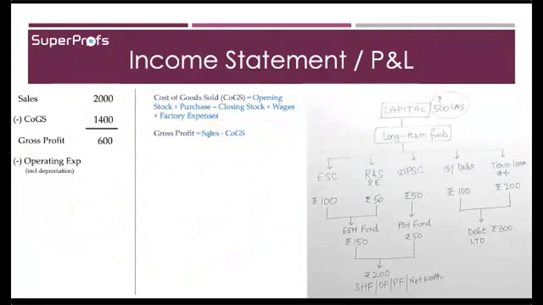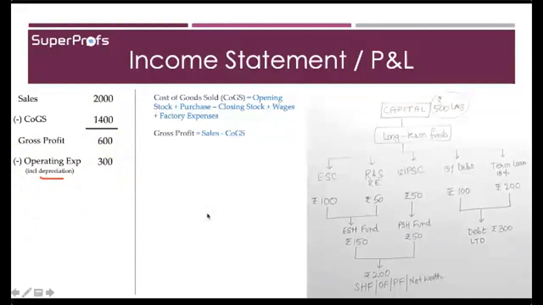Perfect. Now, as I said, operating expenses. What you need to deduct from this gross profit is the operating expenses, and these include depreciation. For the sake of our discussion, we will assume the operating expenses to be 300 lakh rupees.